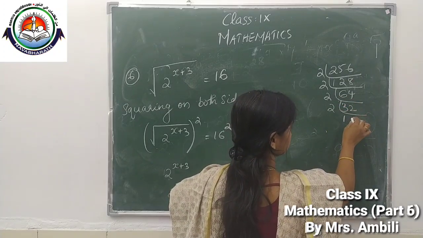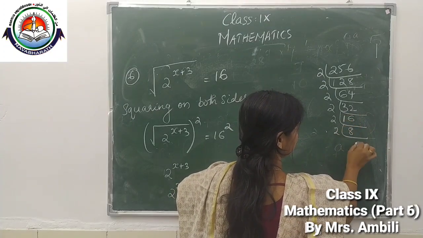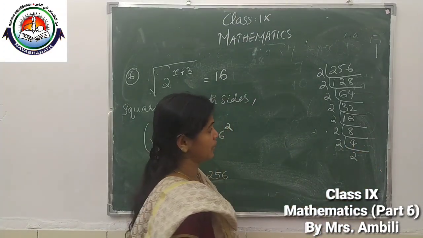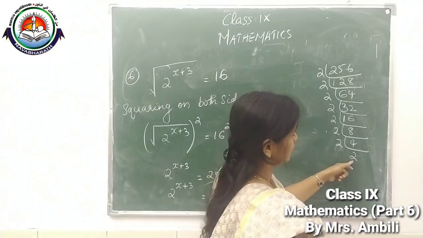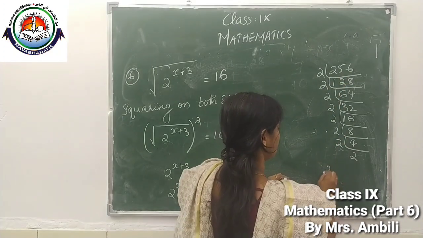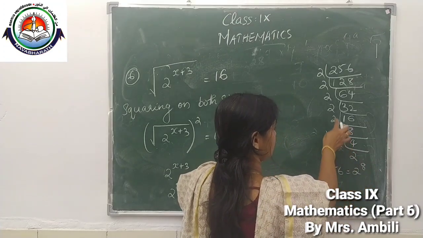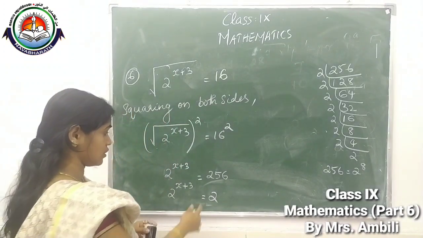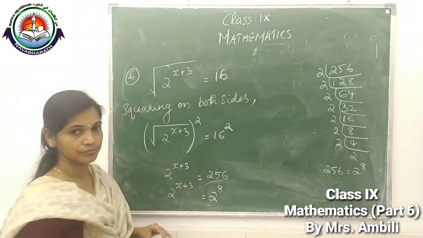So, how many 2's are here? 1, 2, 3, 4, 5, 6, 7, 8. So we can write 256 equals 2 raised to 8, because 8 twos are there. Okay, so instead of 256 we can write 2 raised to 8.